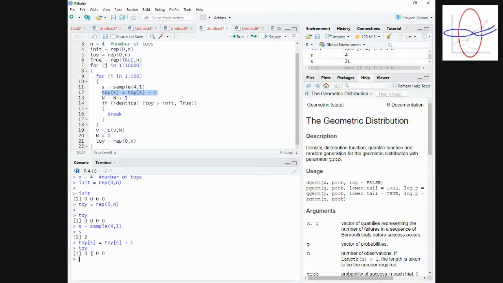See that we have got at least one 2. Then we go to the next toss, n plus 1, and we check whether toy is greater than initial, meaning at least one of them is greater than 0. This condition checks whether we have got at least one toy or not.